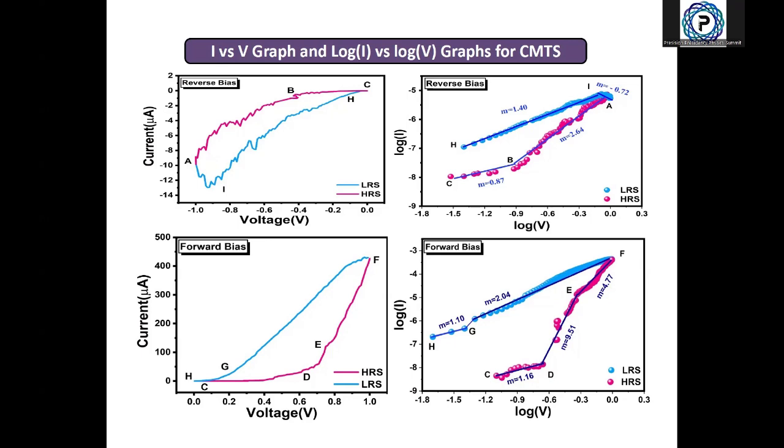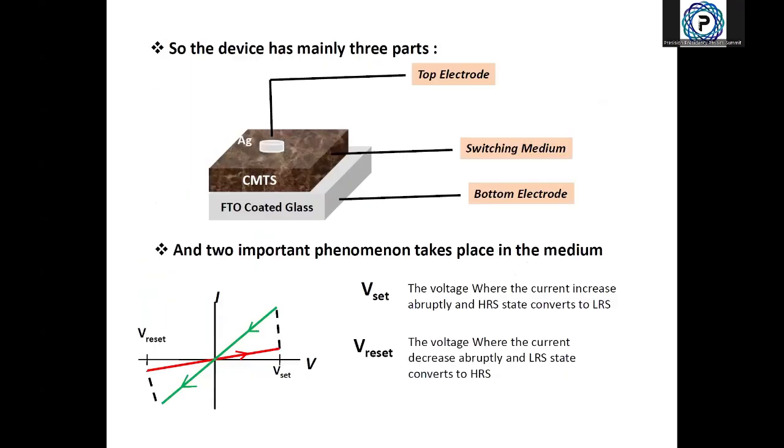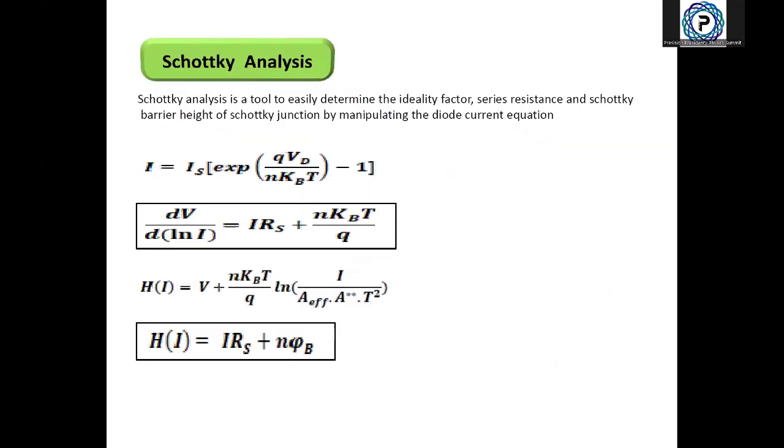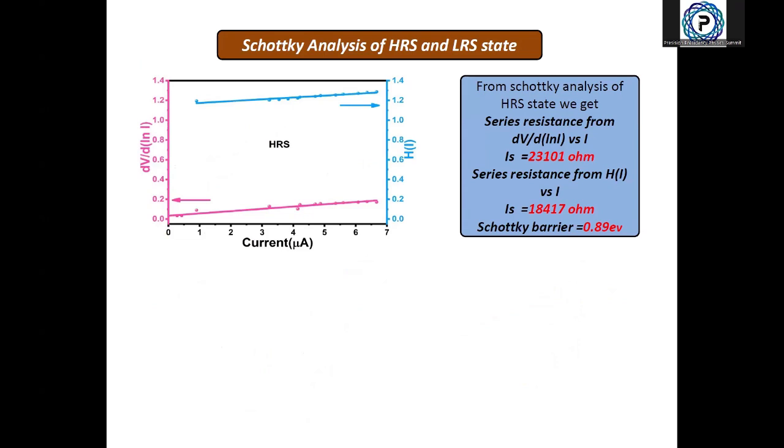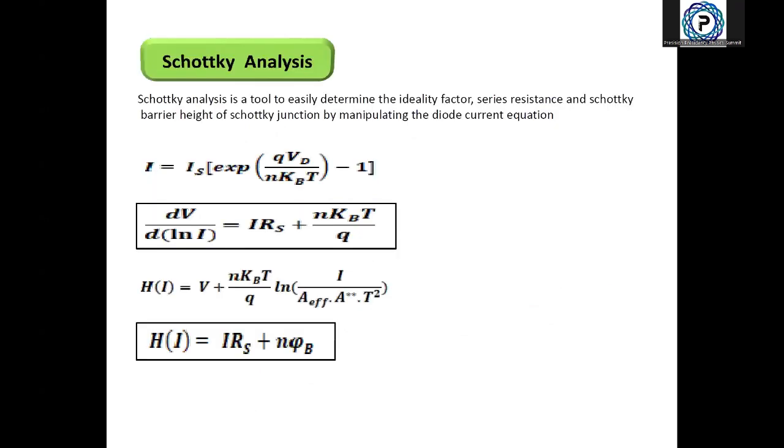A small question: although we are using very small voltage, the resistance in some cases goes very high, for example 30 kΩ or something. Is there a heating issue of some kind? No, it is not the resistance. It's a Schottky analysis. The first equation you know is the ideal diode equation.